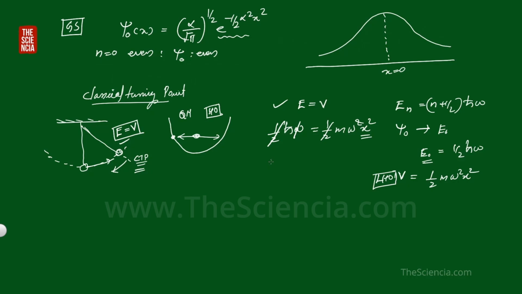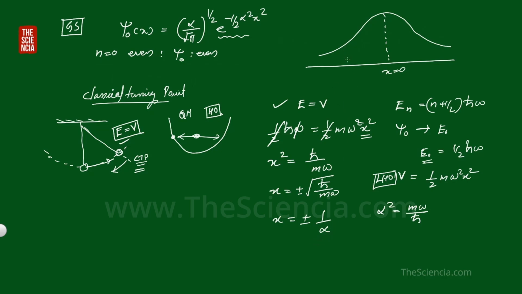So we will get x square is equal to h cross by m omega, that is x equal to plus or minus root of h cross by m omega. Earlier we defined alpha square is equal to m omega by h cross. Therefore this x is nothing but 1 by alpha.